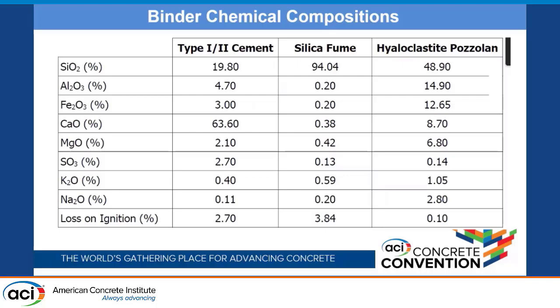You can see the cement composition. The silica fume was a fairly pure silica fume, 94%. Typical stuff, and you can see the hyoclastic pozzolan looked pretty much like it meets the requirements of natural pozzolan under the ASTM standard for pozzolans and fly ash, and it looks very similar to a fly ash in composition.